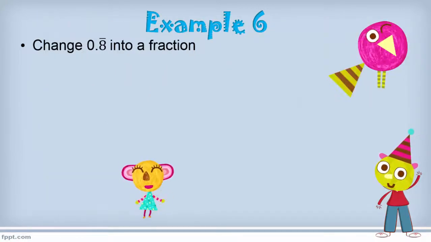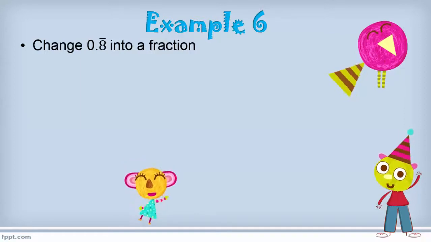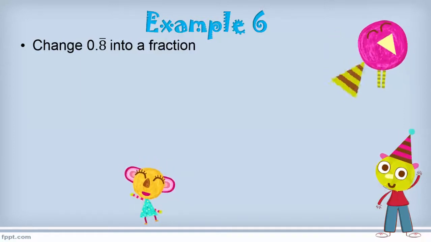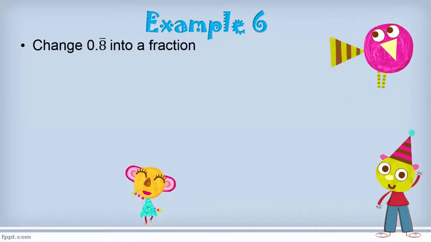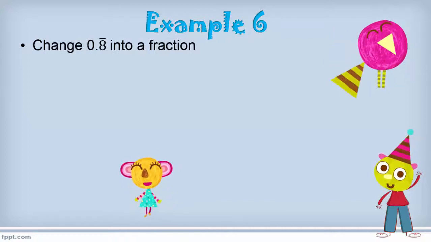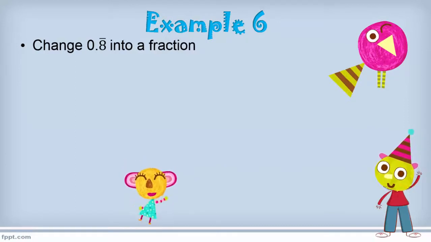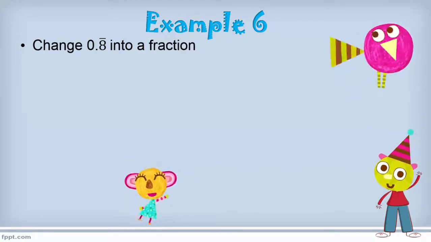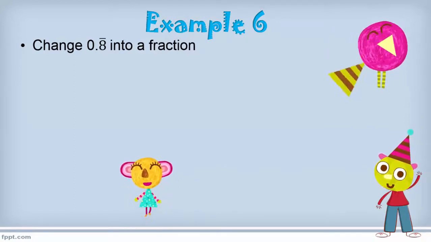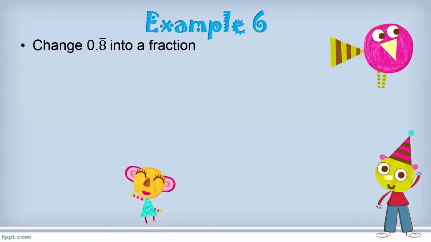In example number 6, we're asked to change 0.8 bar into a fraction. And remember, 0.8 bar means 0.888888888 forever and ever. So if we go over to the whiteboard, we'll see how to work this one out.